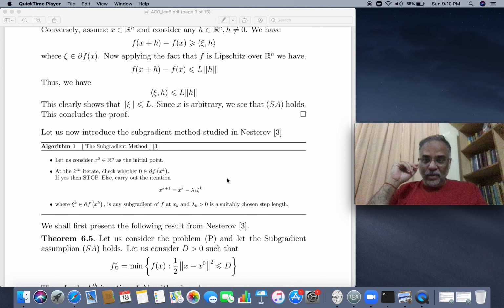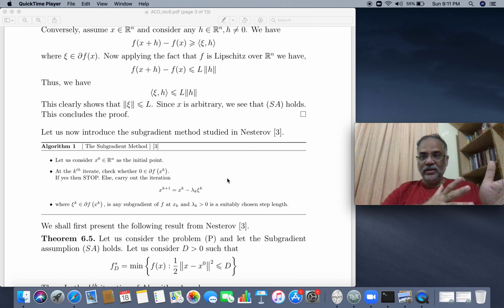You might ask me, okay, this is not good. You have to know the whole subdifferential. Of course, these are the drawbacks of a method. Once you want to know how interesting a method is, you should also know what the drawbacks of the method are. So in reality, you are not really going to make such a check.